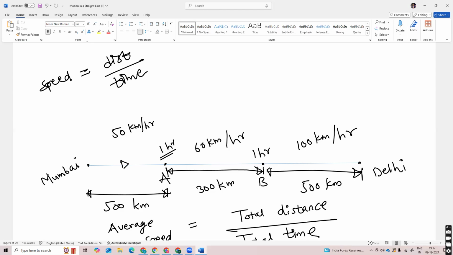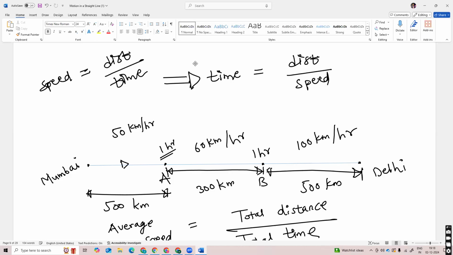If we have to find the time taken by the train to travel from Mumbai to point A, we can rewrite this equation as time is equal to distance upon speed.